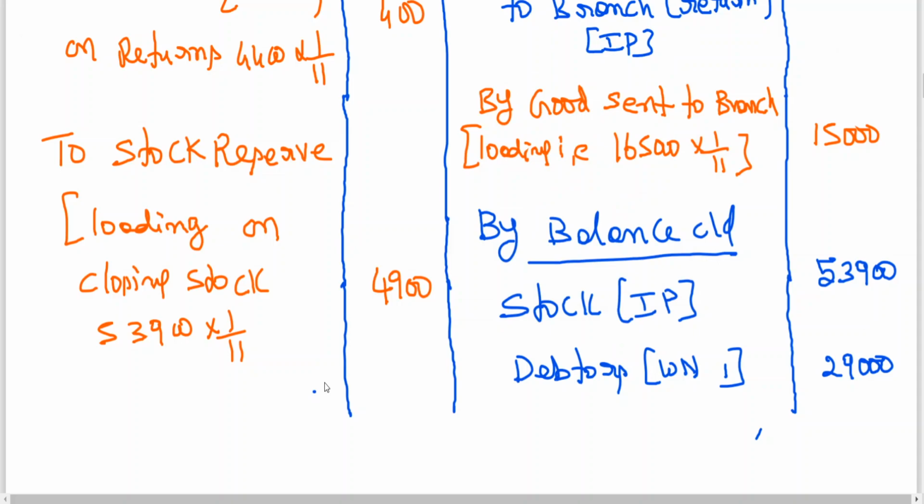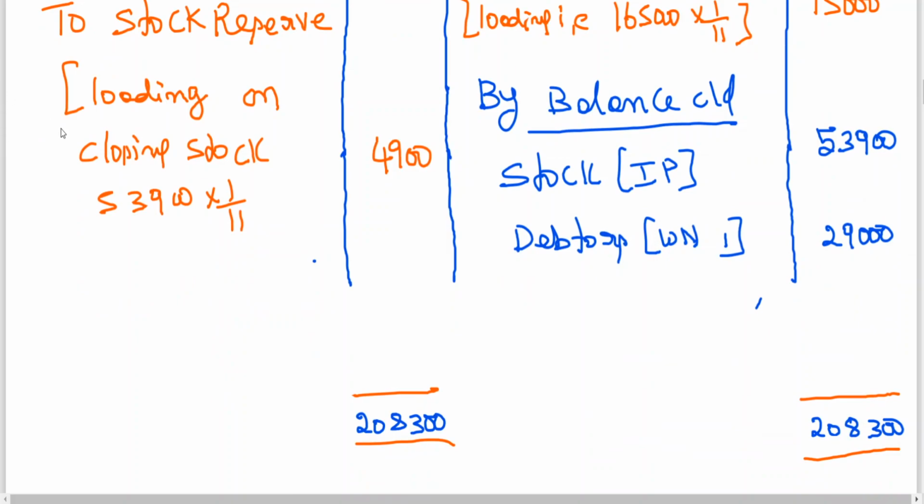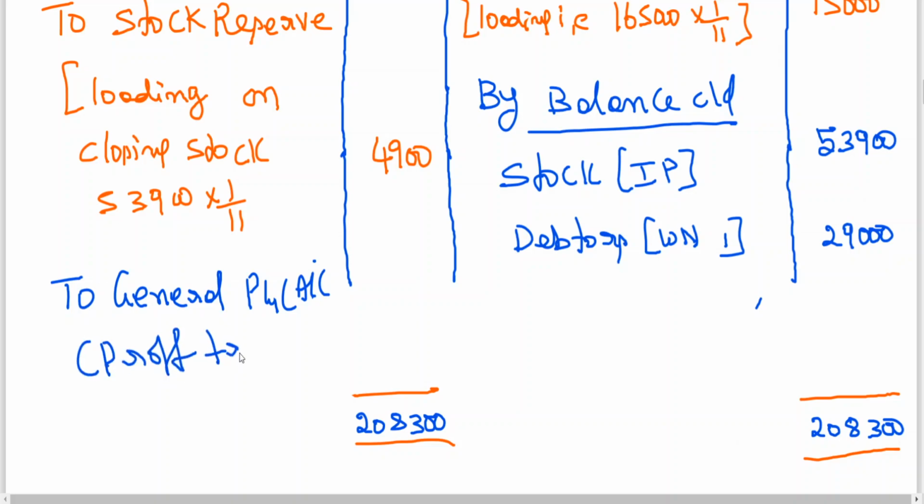Minus 4,900. You are getting a profit of... profit transferred 38,000.